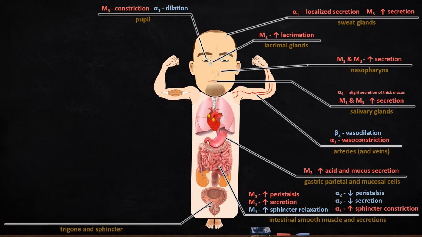Next, we're going to talk about the bladder first, the trigone and sphincter. The trigone is this little triangular structure here, and then we have an actual sphincter muscle down here in the bladder. I don't have any animations for this, but we'll go through this pretty quickly. So M3 causes relaxation of the trigone and sphincter.